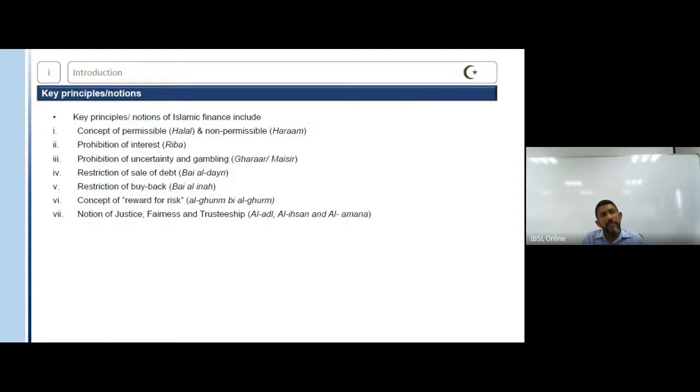So if I give you a loan of 1,000 rupees, I should get back 1,000 rupees. But if I tell you, when you repay, you pay me my capital, which is 1,000 rupees, and 10% more. After 12 months, you pay me another 100 rupees.